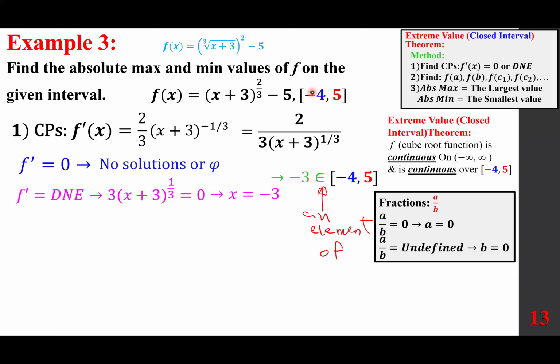Therefore, we're going to go to the next step. That means f of a, f of b, and the critical point. So evaluate this function for negative 4, negative 3, and positive 5. So let's do that.